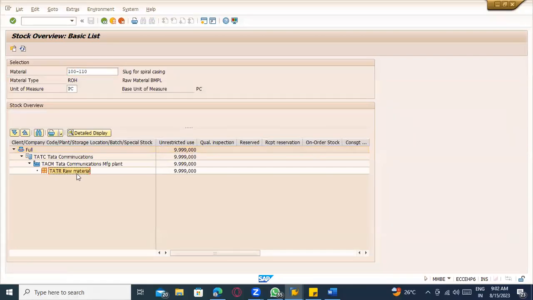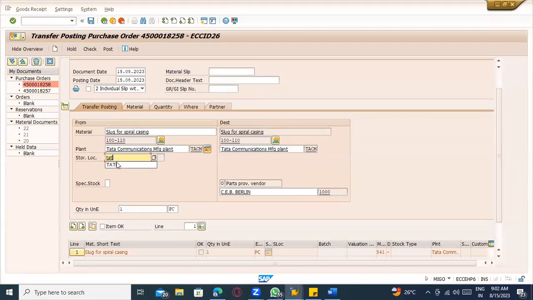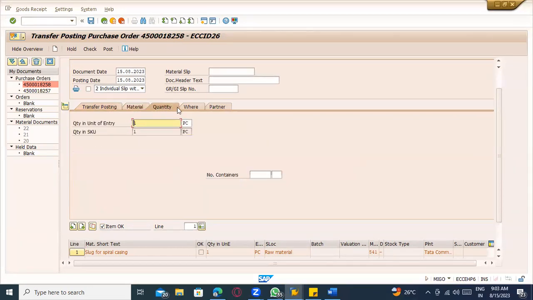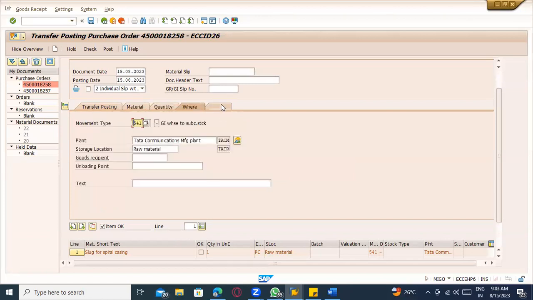TR is the storage location having this much stock, so I'm using that. I enter all this information: material, plant, storage location, and you can validate how much quantity is required.